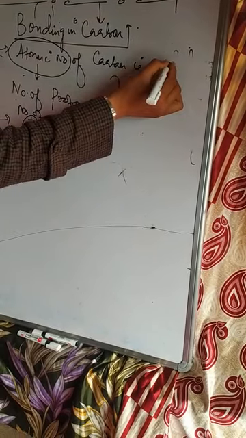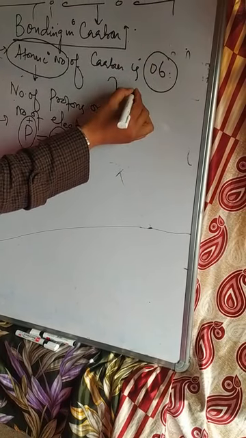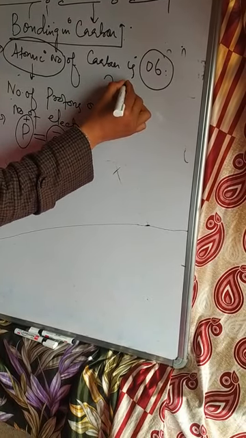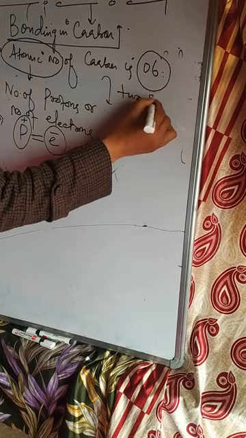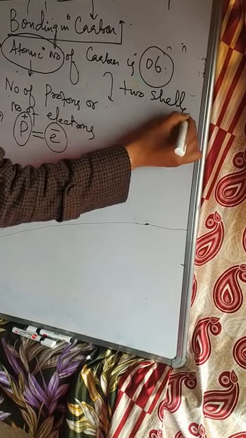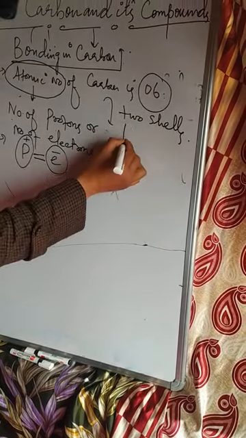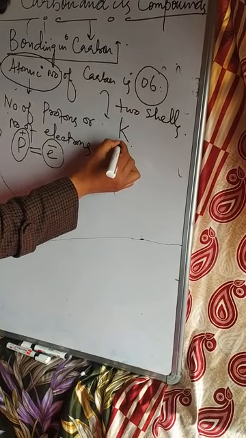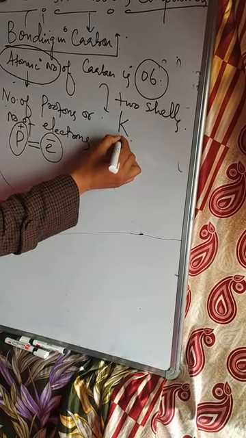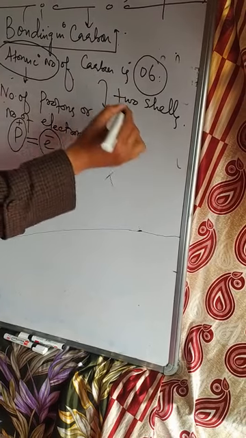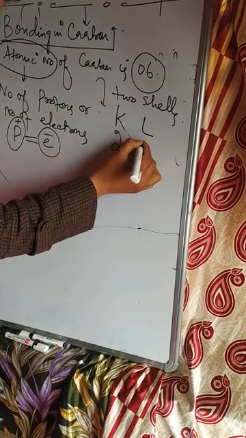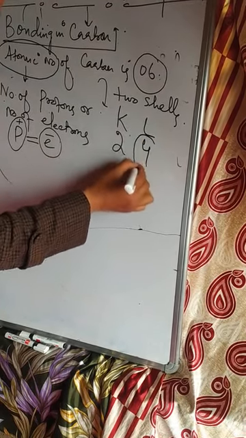This carbon is having atomic number 6. That means it contains 2 shells. As far as the electronic configuration of carbon is concerned, in the K shell it contains 2 electrons, and in the L shell it contains 4 electrons.